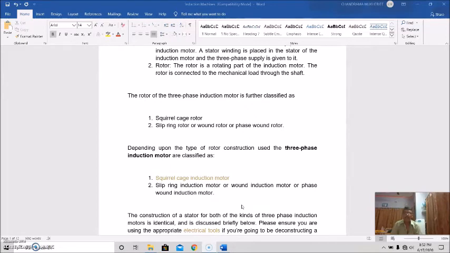The second part is the rotor, which is the rotating part of the induction motor, and through the shaft the mechanical load is connected, either by a coupling or a belt pulley, whatever it is.